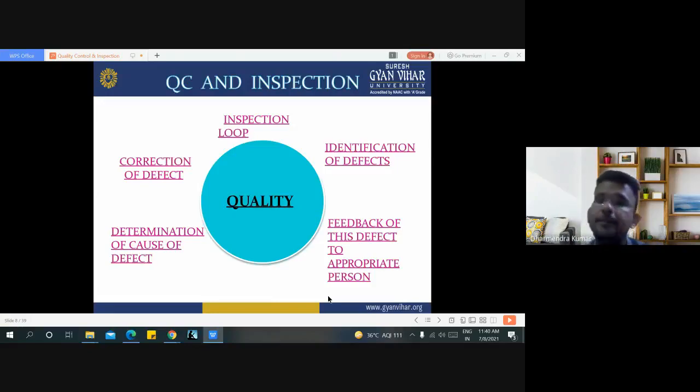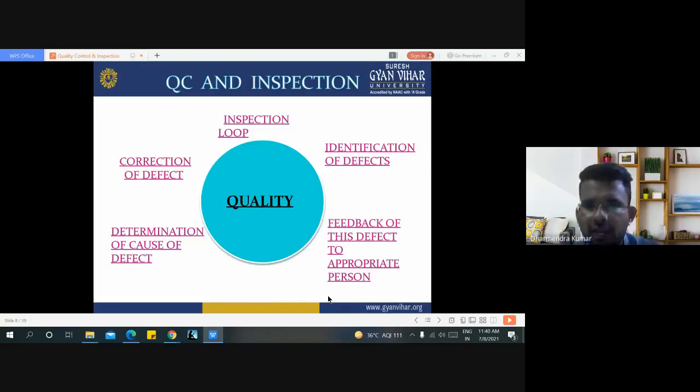Finally, we try to find out the method for elimination of these types of defects which we found during the inspection of that particular object, or that particular machining process, or the quality of the raw material.